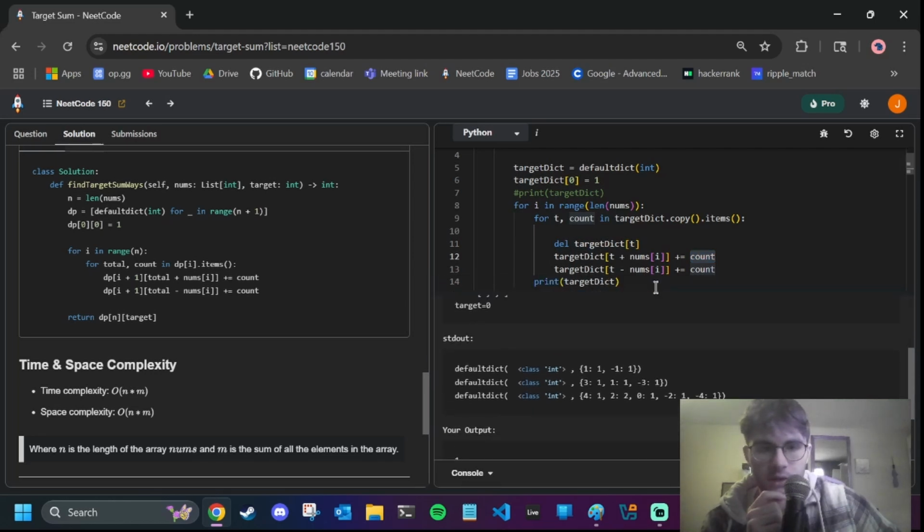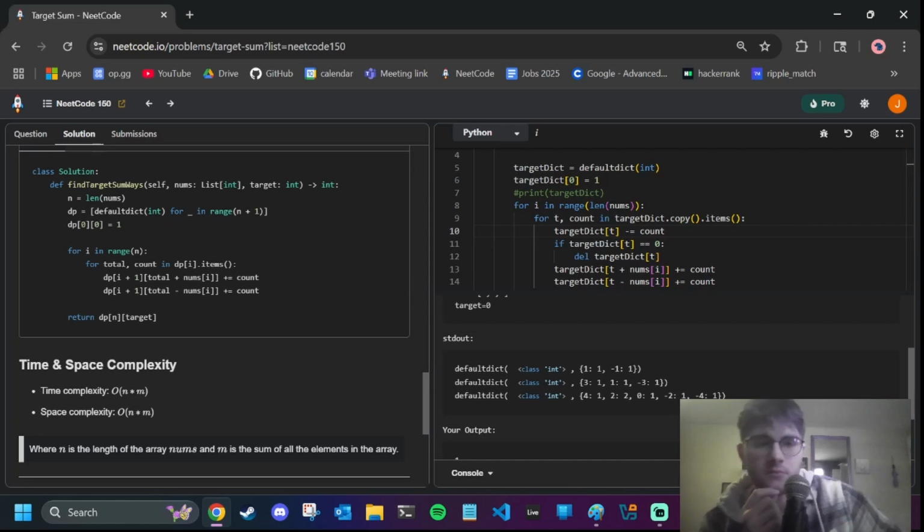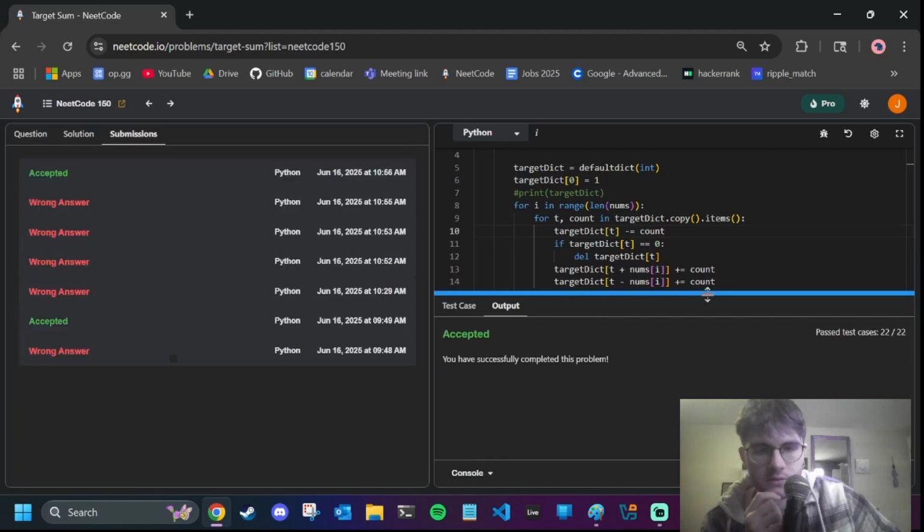But you want to delete it altogether, but maybe you want to subtract it by the count. Maybe I'm supposed to subtract it by the count. Okay.